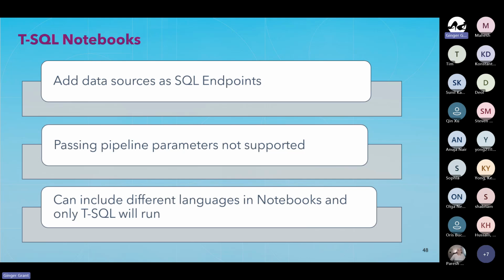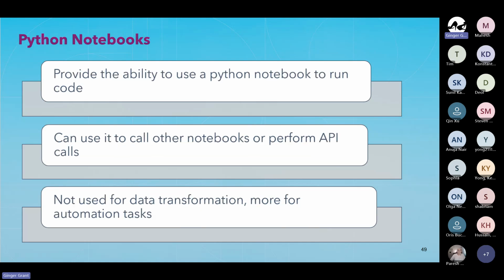Passing pipeline parameters is not supported, and I can include different languages in notebooks, but then only T-SQL will run. I can also use Python notebooks, just straight up Python, not just Spark, and of course, I can use it to add other elements as well. So it's not used for data transformation, but more for different kinds of automation tasks.